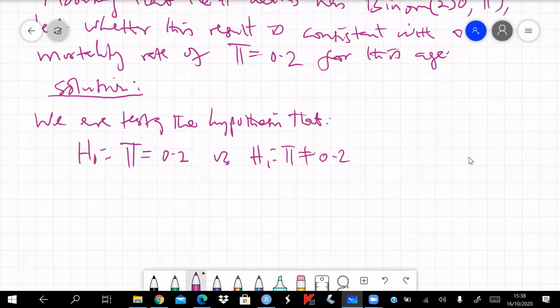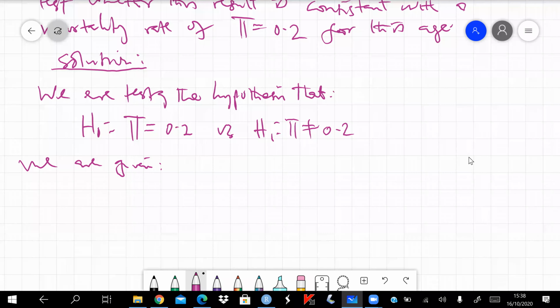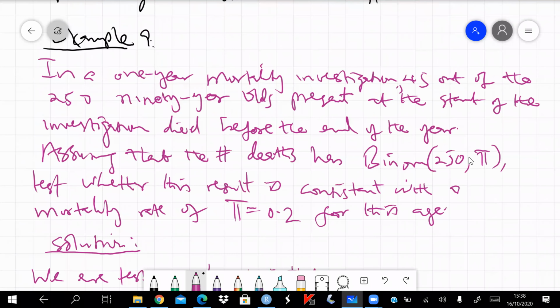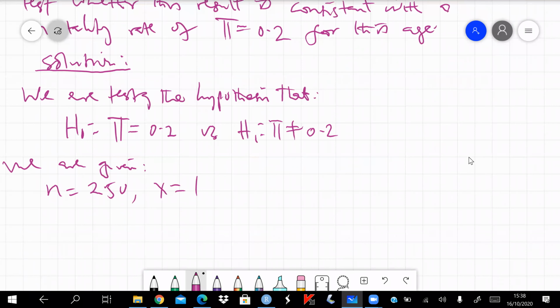So we are also given n, the number of trials, is 250, and x, which is the number of successes in this case, is equal to 45.